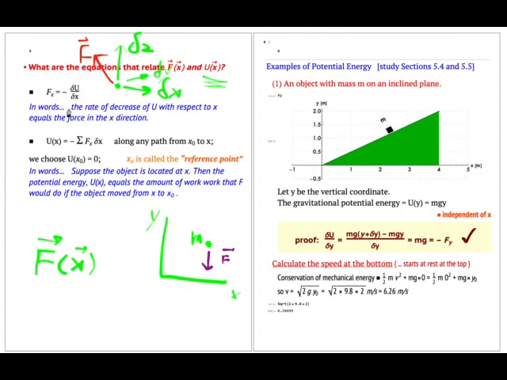Now again, I've described it in the case of three dimensions. If there were a problem where an object is just moving in one dimension, then it's a little simpler. Then I only have one dimension, let's say the x-axis. Then the force in the x direction is the negative rate of change of the potential energy in the x direction.